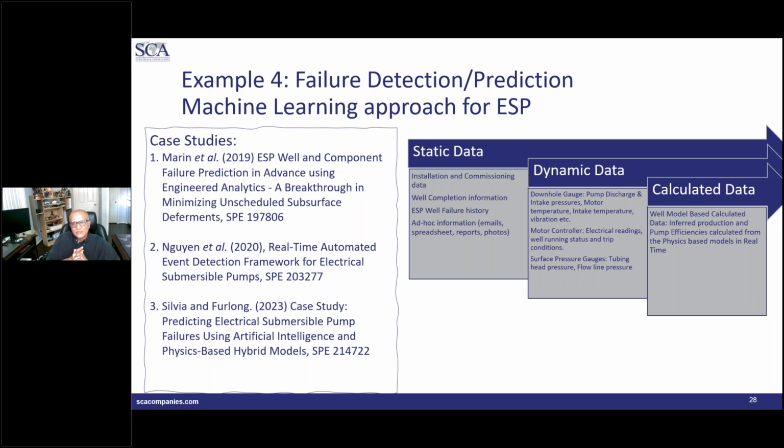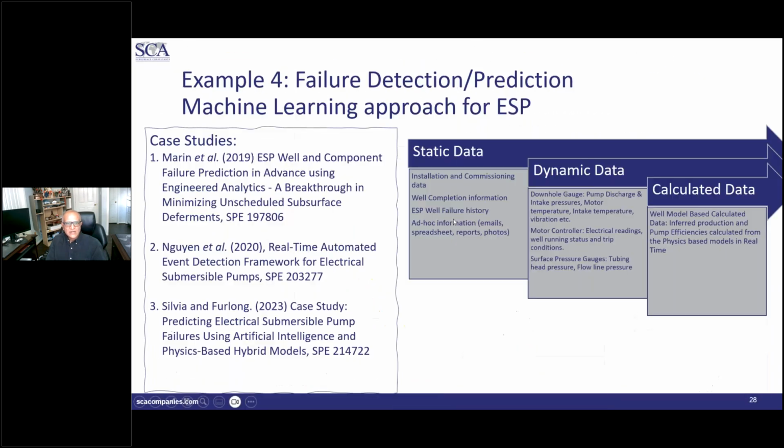This problem, which is ESP failure prediction, has been tackled by multiple teams because of production deferral issues, ESPs being high volume, high value wells. When you look at these three papers that have been published in the last few years, and there are a few more that I might have missed, what you'll see is that there is a static data set that everybody starts with.